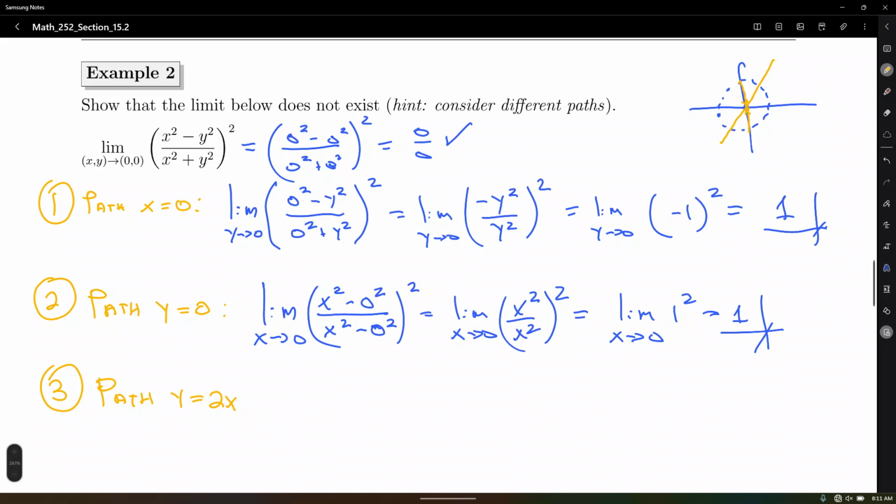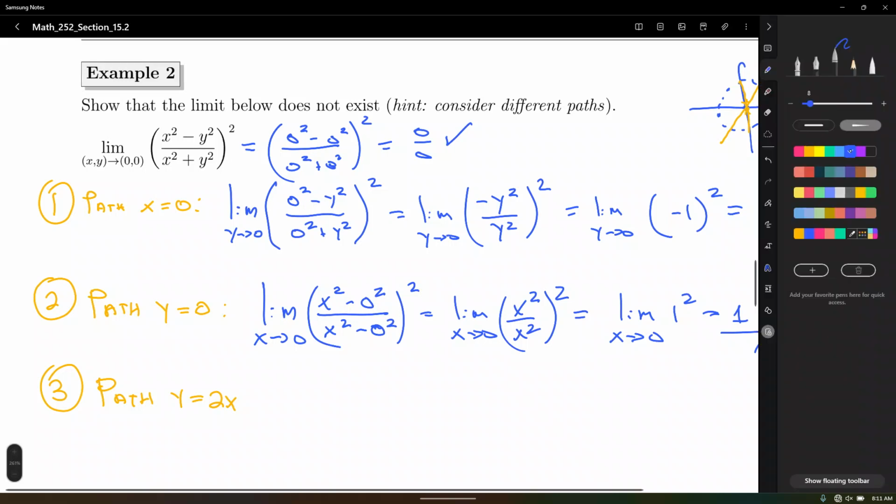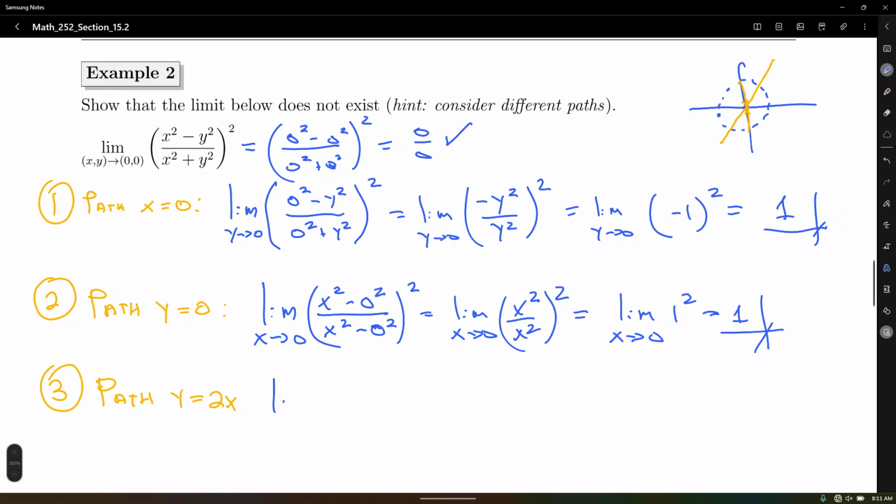All right, so what are we going to do here? In a similar way we did for the first couple of paths, in the limit I will replace every instance of y with 2x here. That means x squared minus y, which is 2x, over x squared plus 2x.